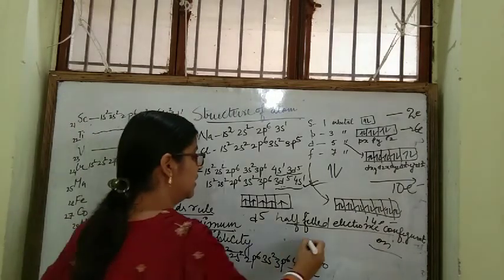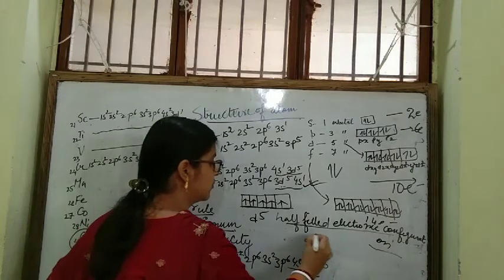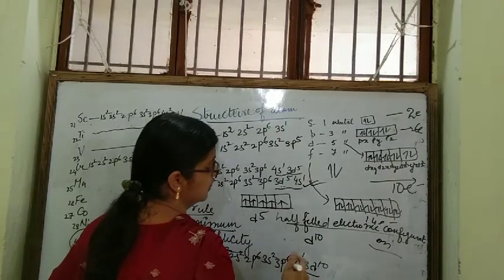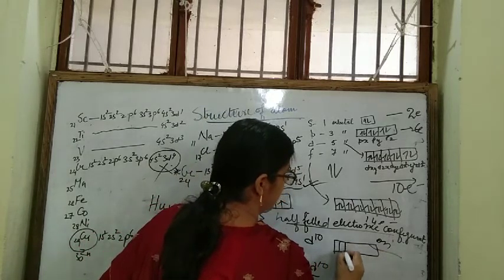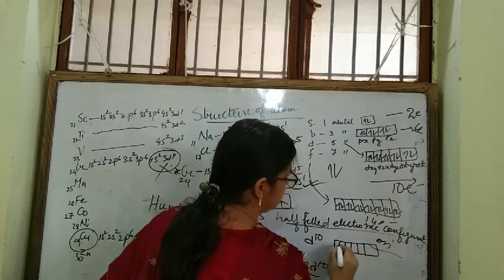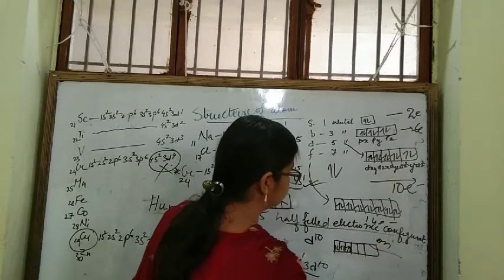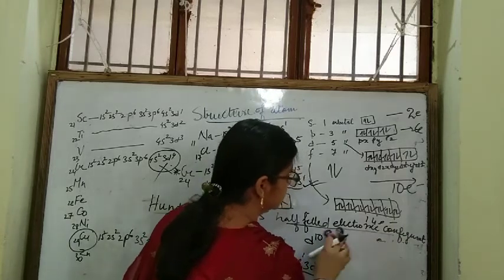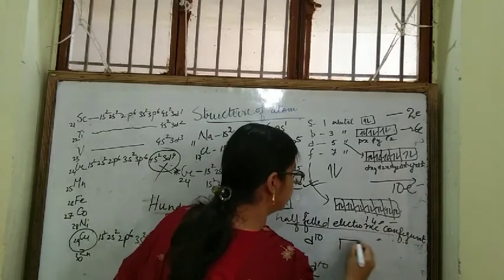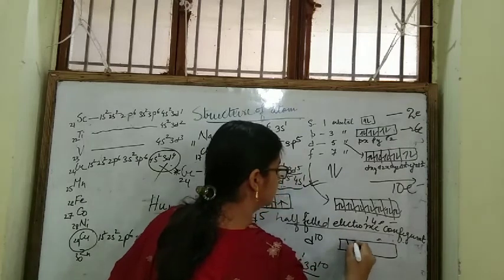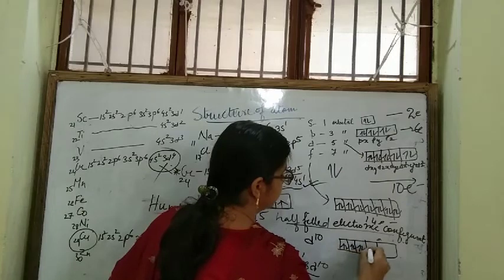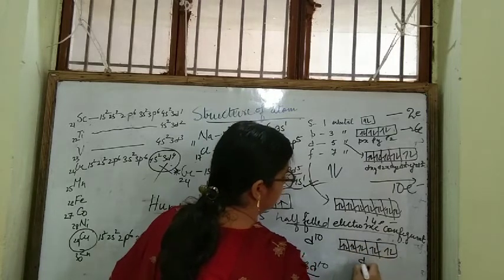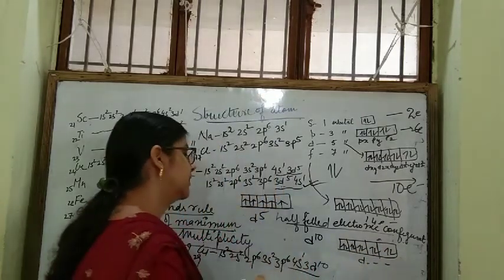Here, in this case, there are 10 electrons in the d orbitals, so all the d orbitals will be completely filled. All the d orbitals are completely filled.